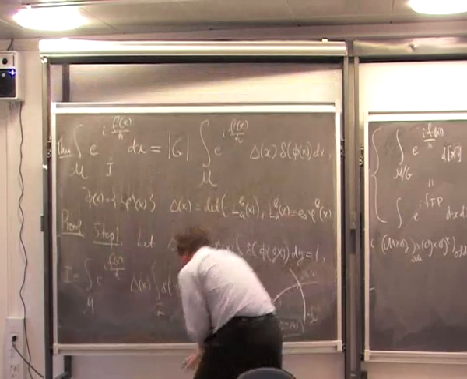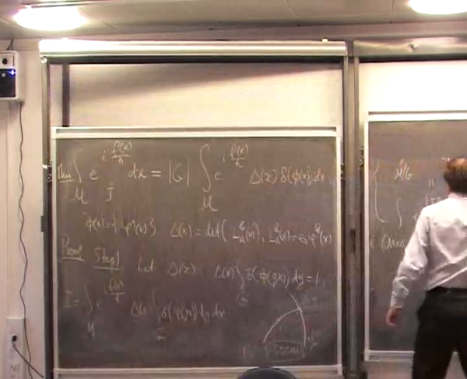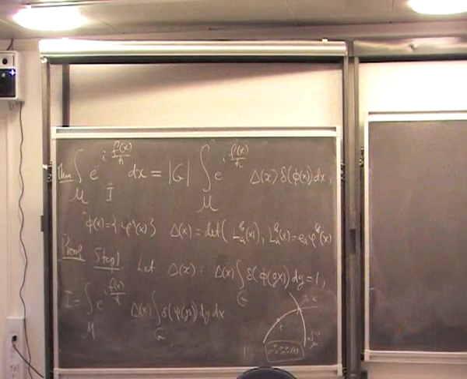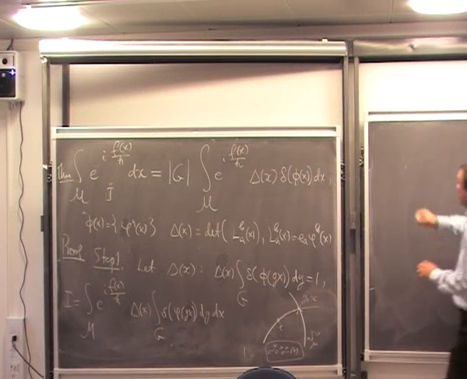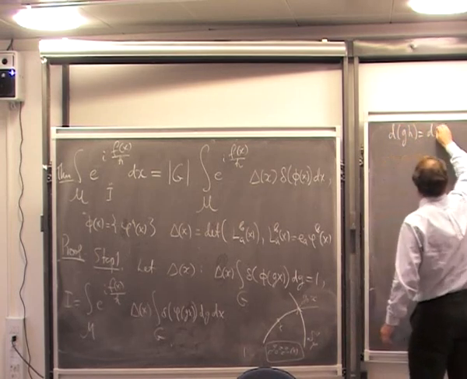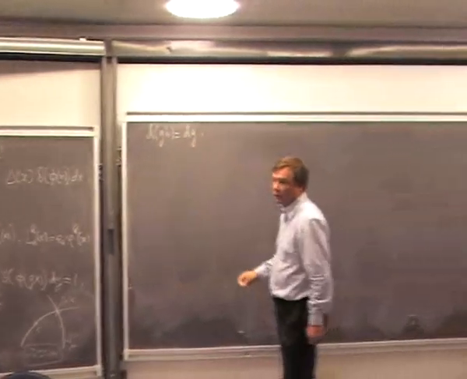Now, any group has the right invariant measure, so let's use this measure in order to define delta.